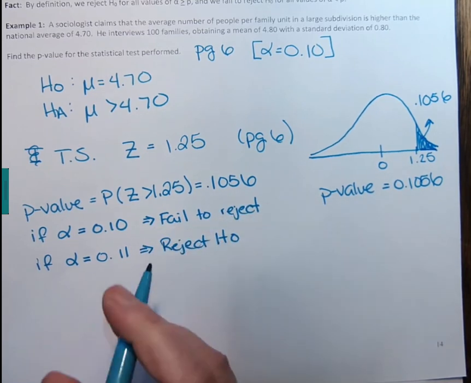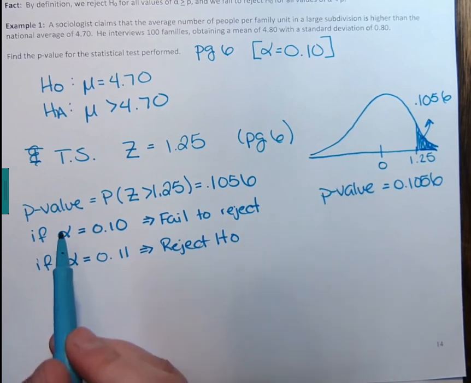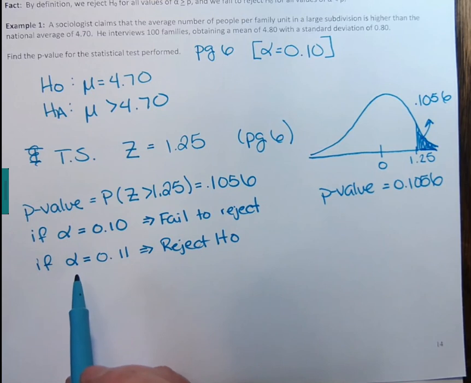This is one reason it's much more informative to actually give the p-value than to just report the alpha at which it was significant.